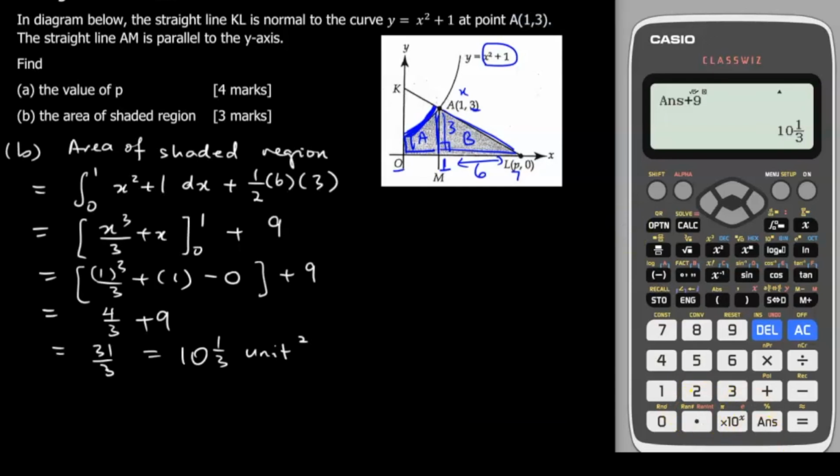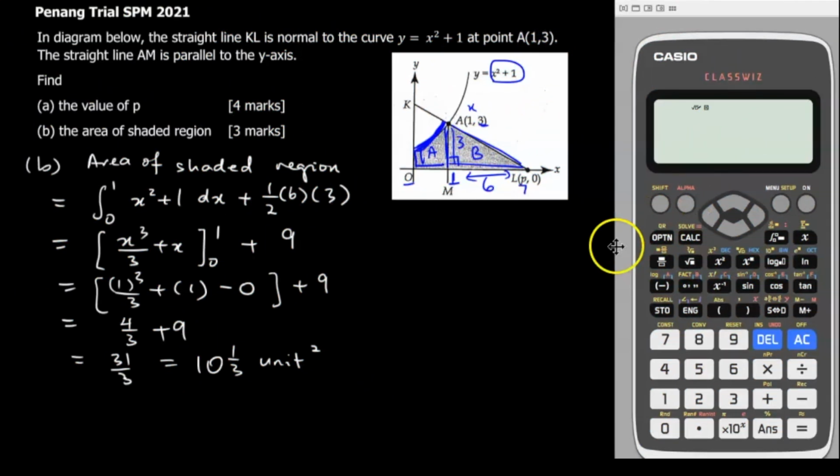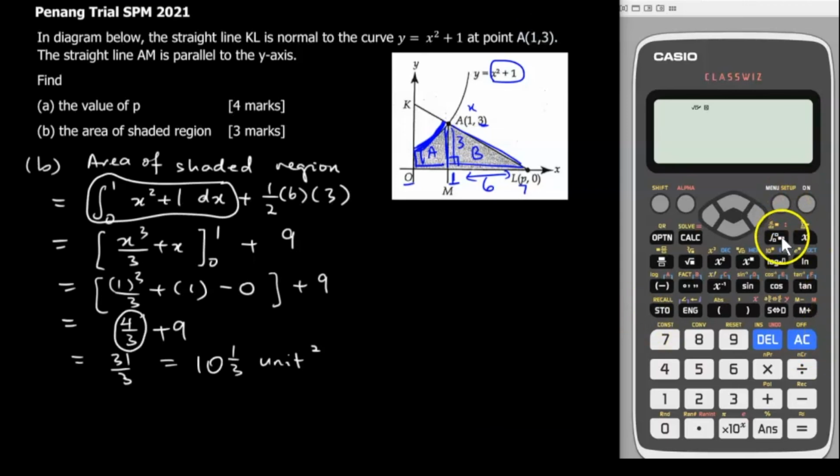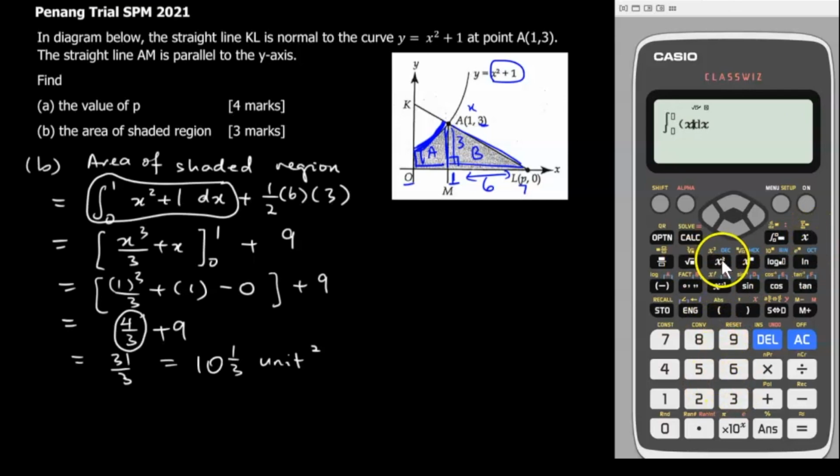Now I'm going to teach you how to use the Casio calculator to double check your integration answer. We have to prove that this integration is equal to 4 over 3 by using the Casio ClassWiz calculator. Press the integration button. The expression will be bracket x squared plus 1, close bracket.